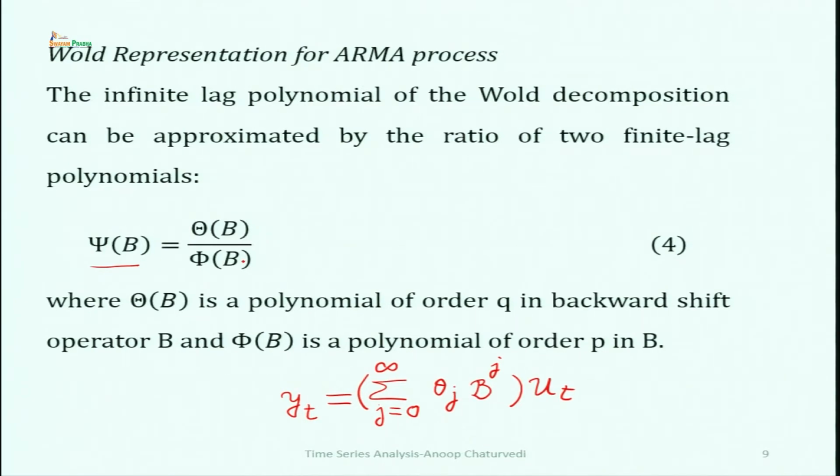Theta B is a polynomial of order q in backward shift operator B, and phi B is a polynomial of order p in backward shift operator B.